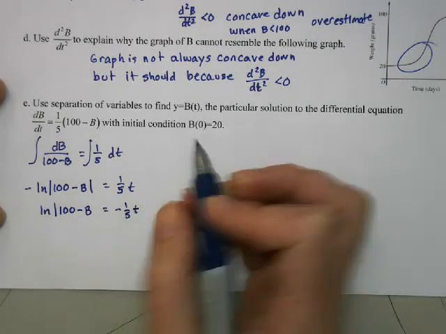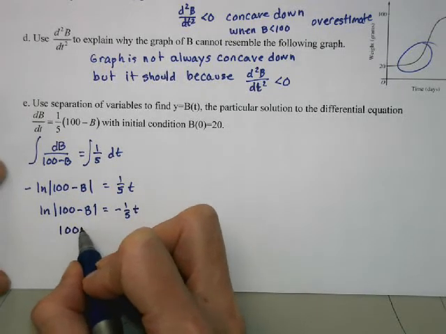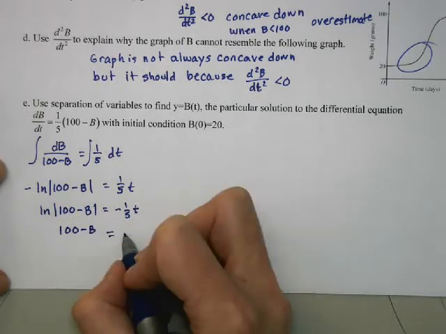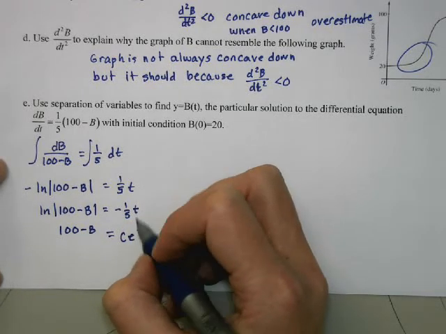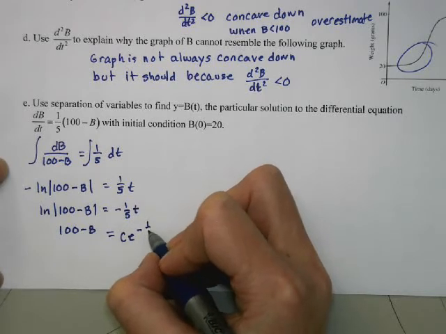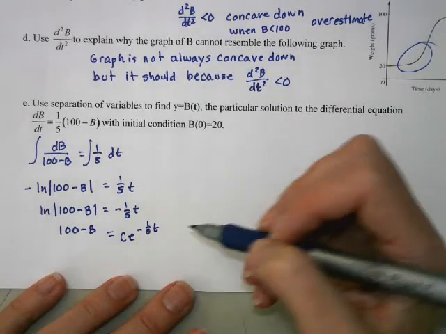Okay, raise both sides to the e, so 100 minus b is going to equal c e to the negative 1/5 t. I'm going to solve for my initial condition here, and you can solve at any point, just when it looks convenient.